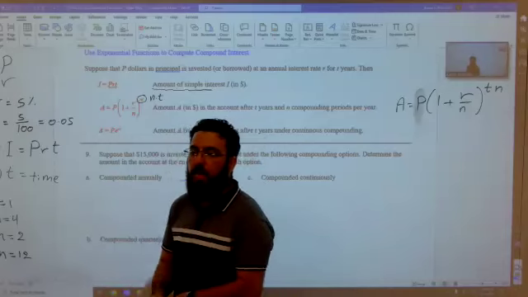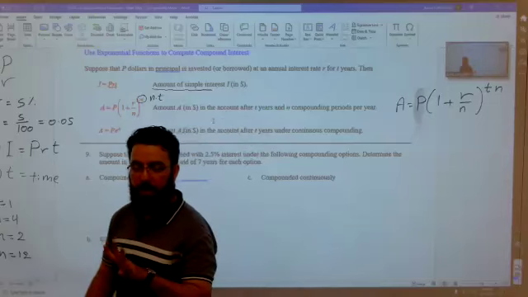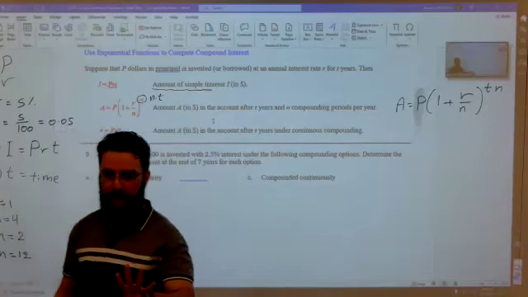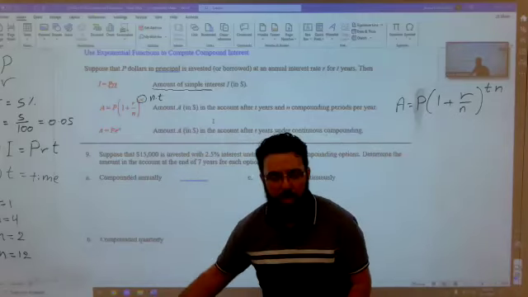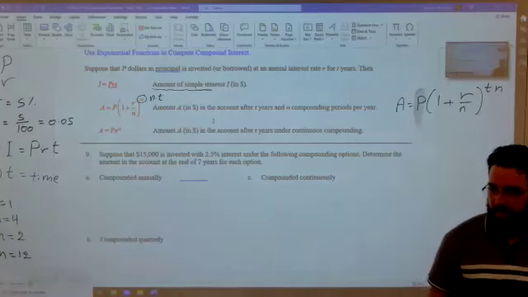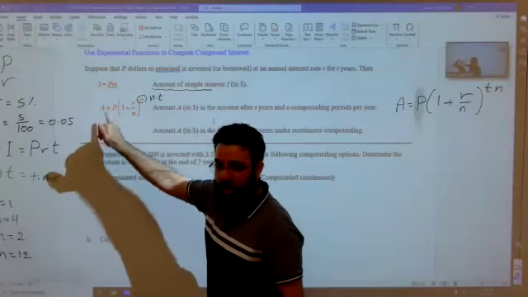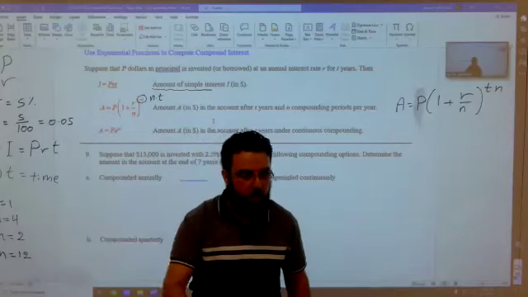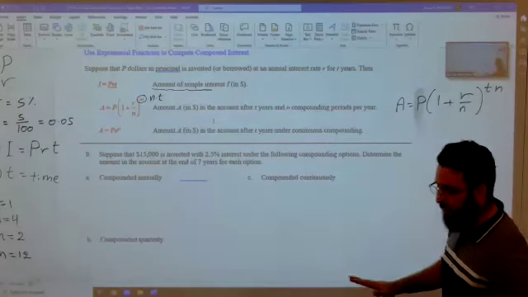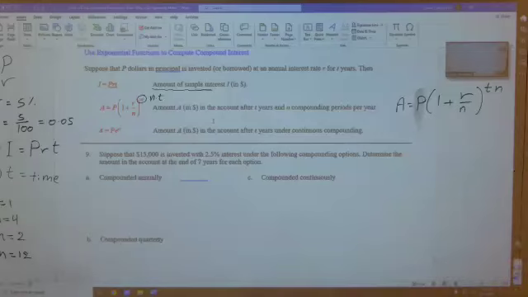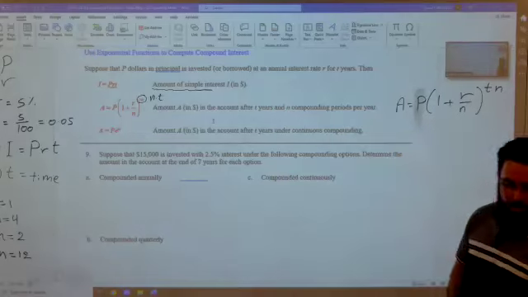Compound quarterly, that means they give me interest 4 times every year. For 3 years, how much is going to be in my account? That means I need to find the future value. So A is the future value in your account. Is that okay? If you know these, this one is going to be a piece of cake.